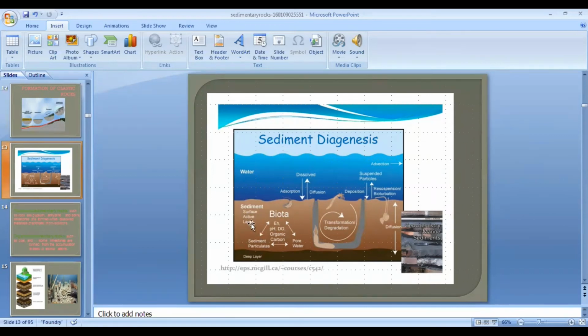So what will happen there? We have different types of processes, and we have some organisms coming in, and then they start transporting and transforming these sediments, and then they destroy the sedimentary bedding, and then they continue working.